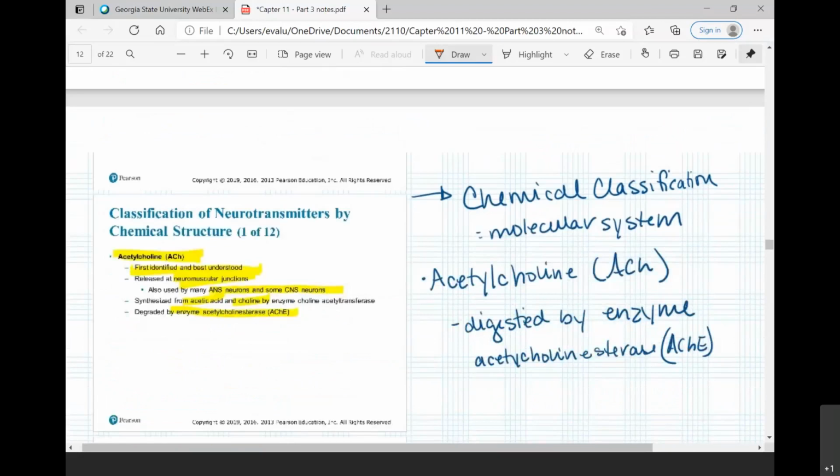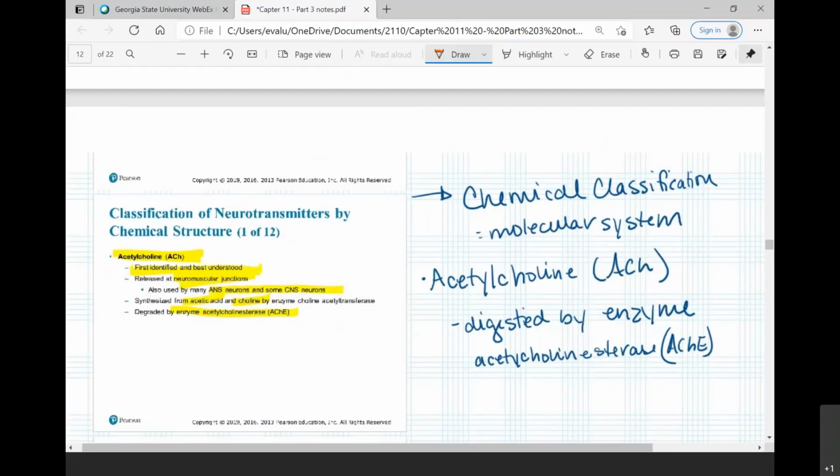So just some terms you need to know. One type of neurotransmitter is acetylcholine. We've talked about it in regards to the muscular system, ACh. It's the first one that was identified. It's the best understood. It's released at that neuromuscular junction. We talked about that in chapter 9. We will also talk about this again in chapter 14 with the autonomic nervous system.